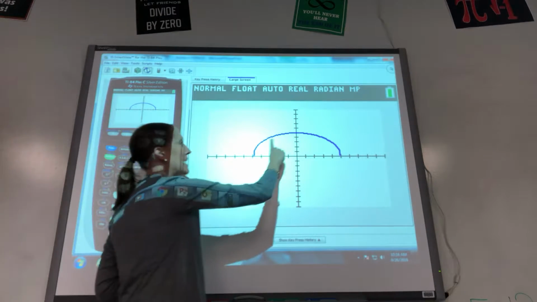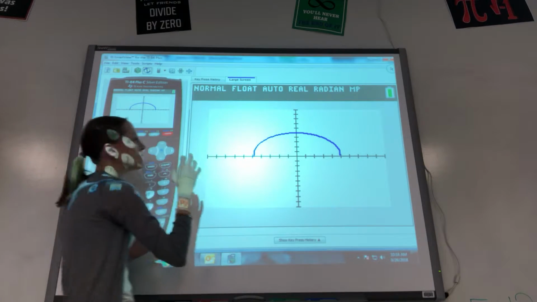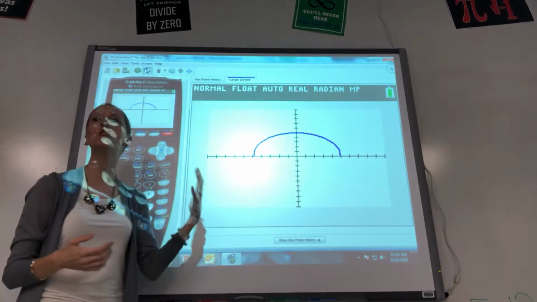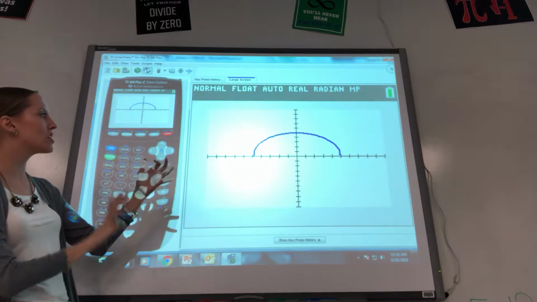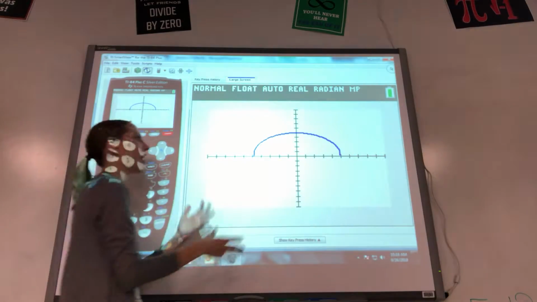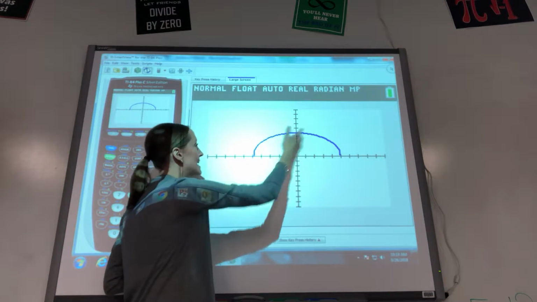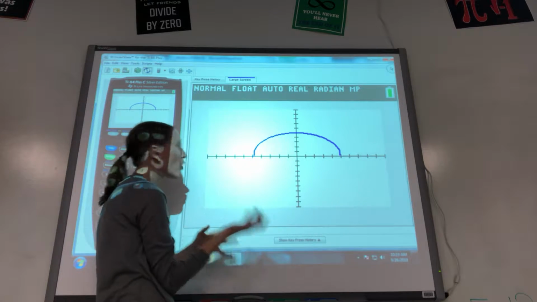Now, I don't see anything up here that looks suspicious. If you go back to the function, it was a square root, but it was not a fraction, so I don't have to worry about any x values making the bottom equal 0. I don't see any asymptotes. I don't see any breaks in my graph.